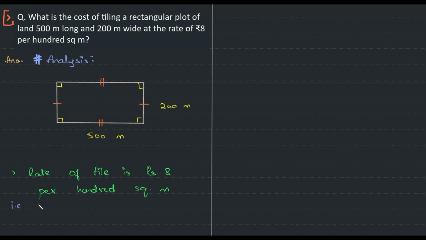So that is for every 100 square meter, the cost is rupees 8. Right? That's what it means. So if you're looking at 100 square meter, okay, this space is say 100 square meter. So this will cost me 8 rupees to get it tiled. So that's the funda.